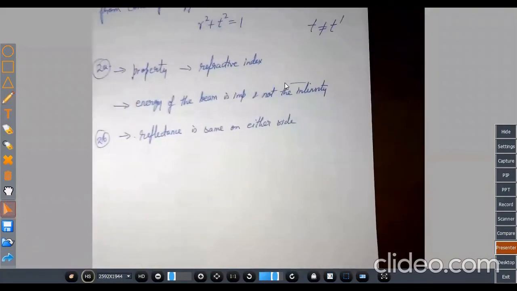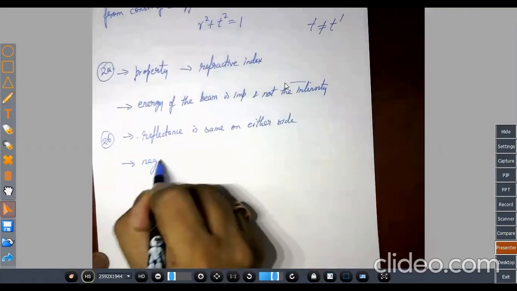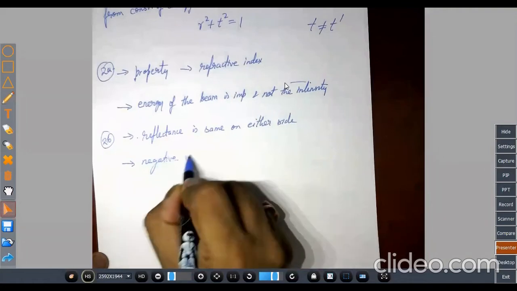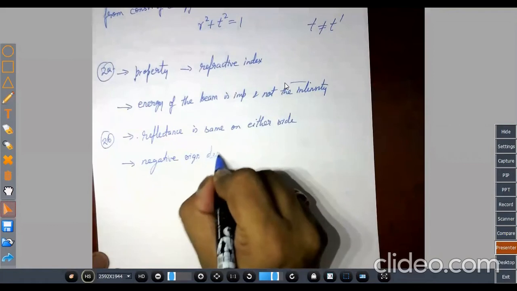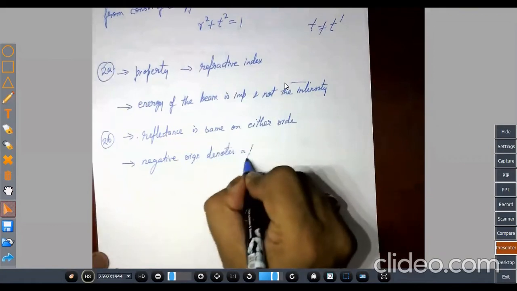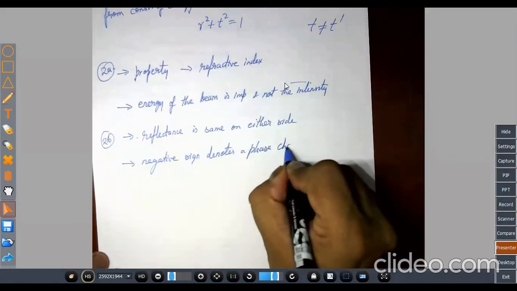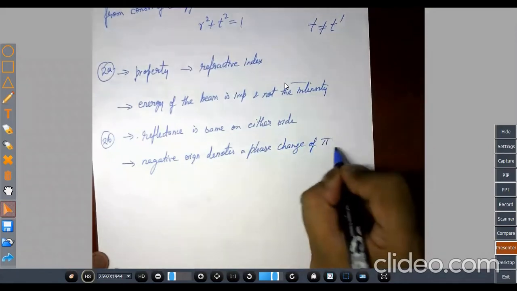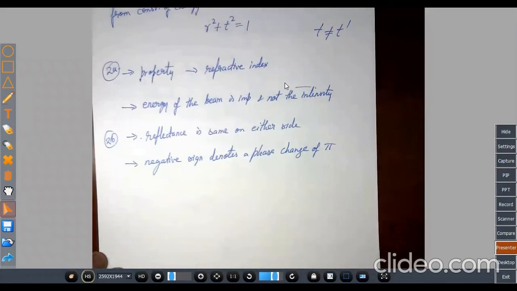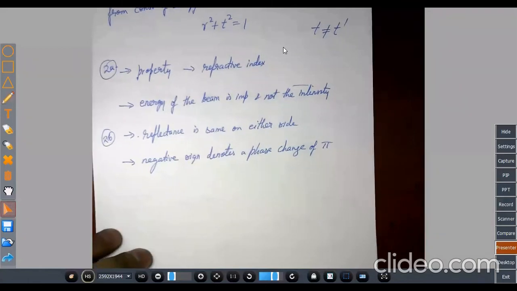The negative sign denotes a phase change of pi. And that is why we say that when a light is reflected from a denser medium, there is a phase change of pi. So these are the Stokes relations.